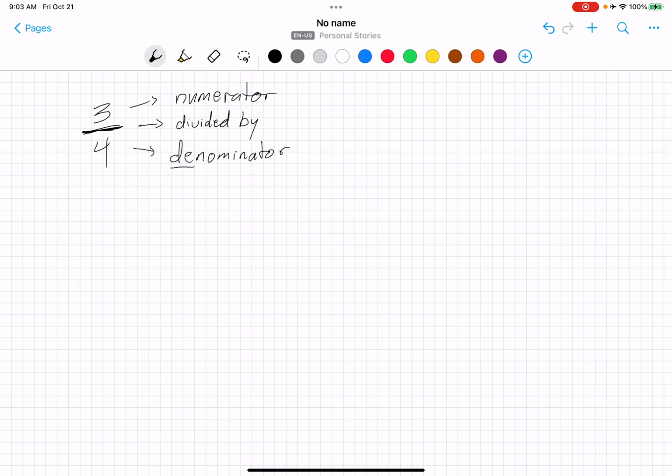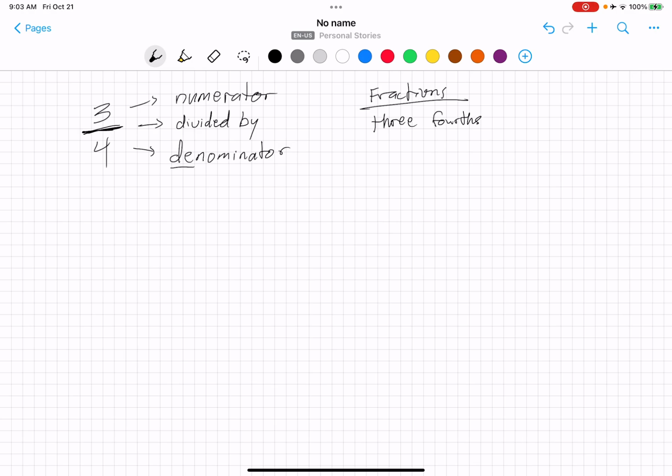So really, there are three ways for us to name a fraction. When we think about fractions, the normal way we might hear this being spoken is we'll hear the word 3/4. But notice we have a numerator and a denominator.